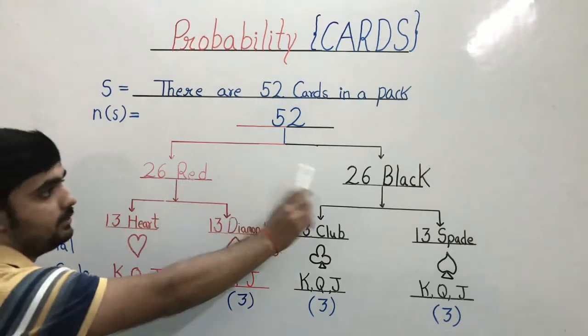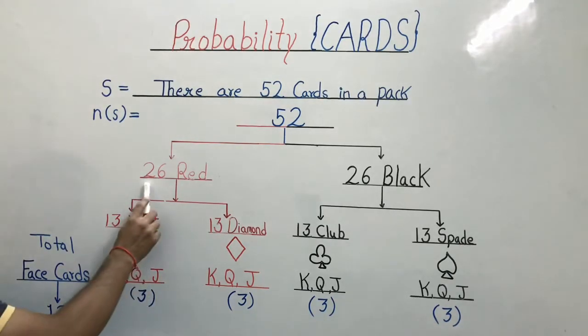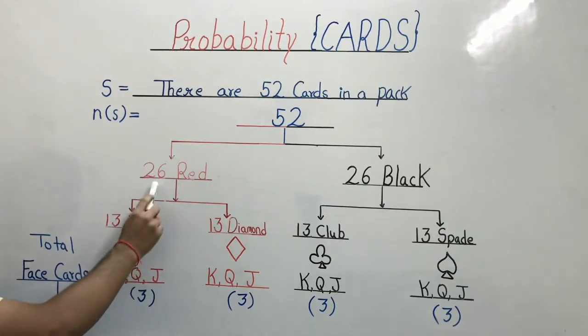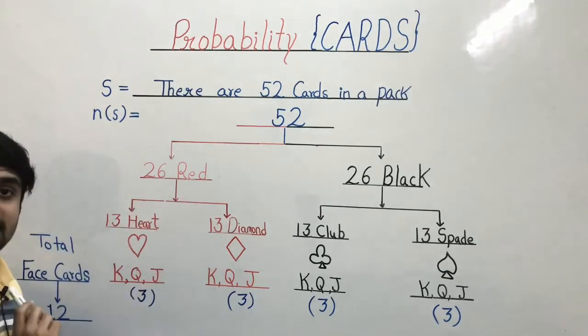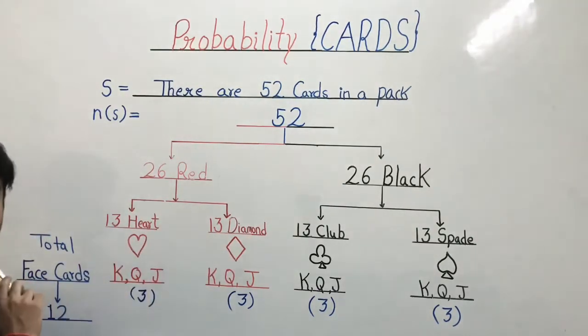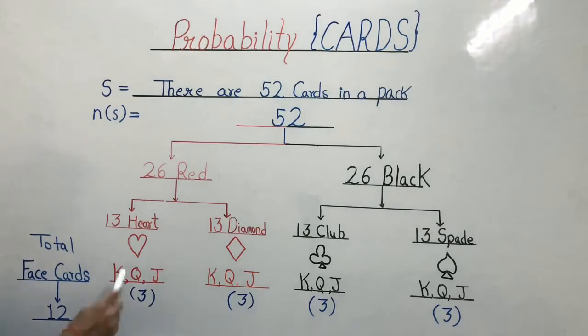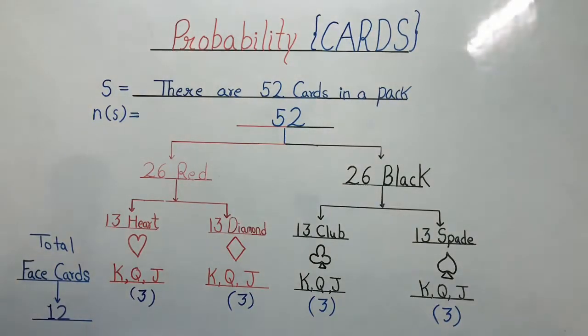Now first we'll learn about red cards. Out of these 26 red cards, 13 cards are in the first set and 13 cards are in the second set. So 13 cards are of heart type and 13 cards are of diamond type. We represent heart by this shape, as you all know, and diamond by this shape. So 13 heart and 13 diamond.